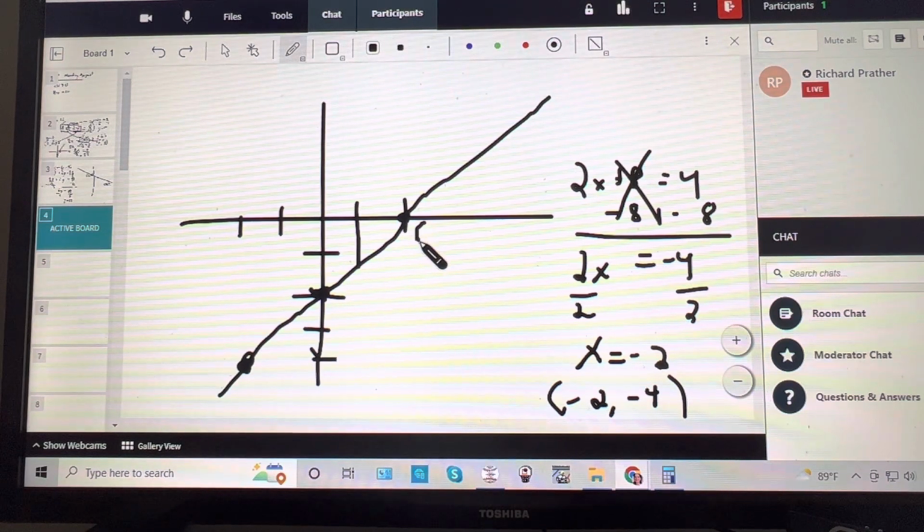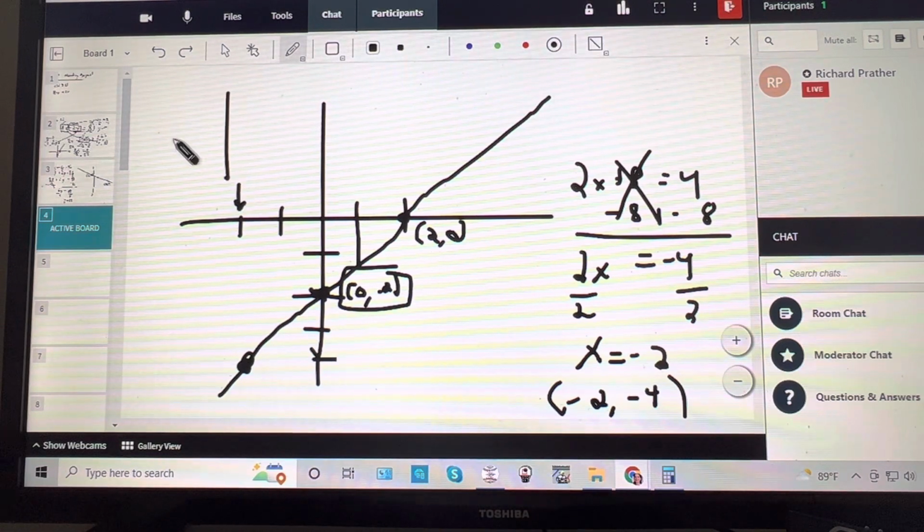Sometimes people get these first two coordinates mixed up. I've seen this one, especially right here, get messed up. 0, -2. It's actually down 2 from the origin, but some people think it's there.